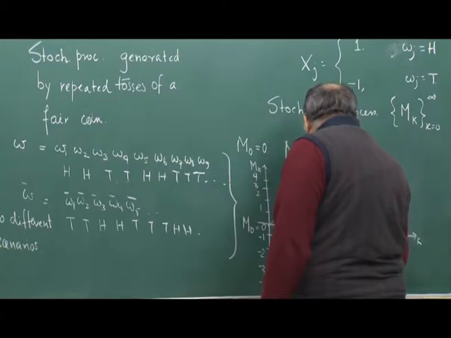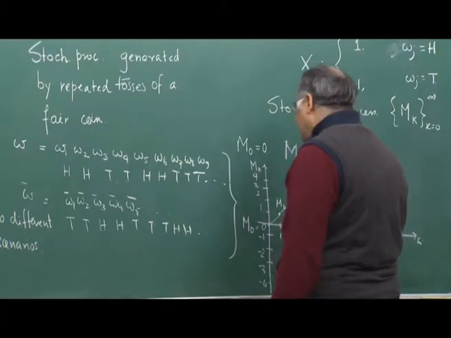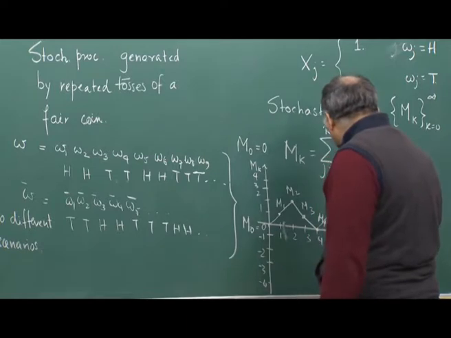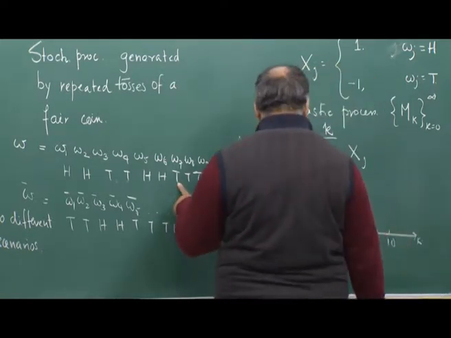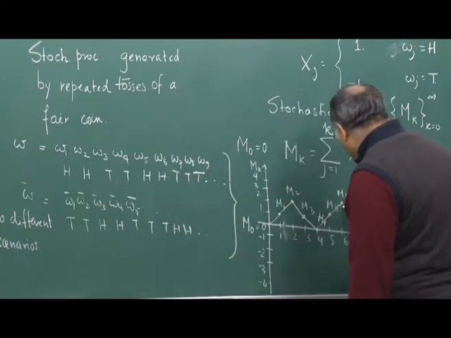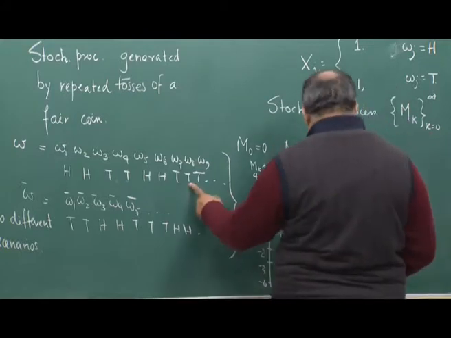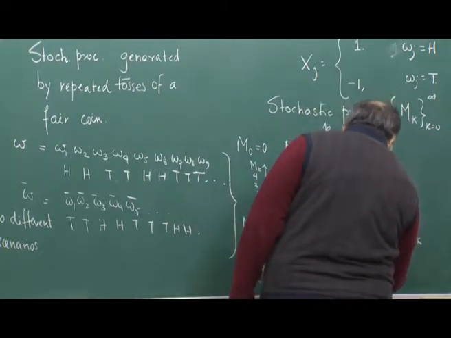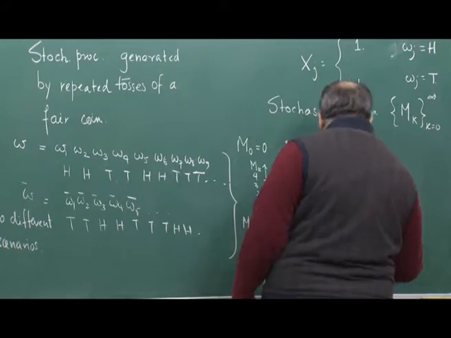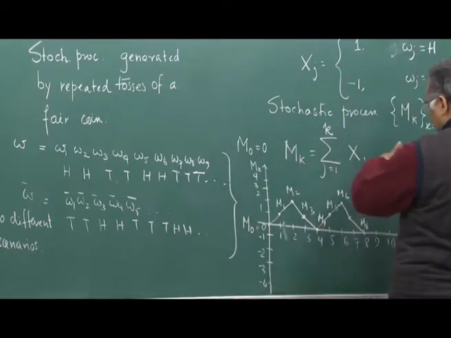So, this is your M5, again it goes up to 2, M6, but then you have tail again. So, M7 comes down to 1, again you have tail. So, M8 comes down to 0 because at every step you are going up or down.